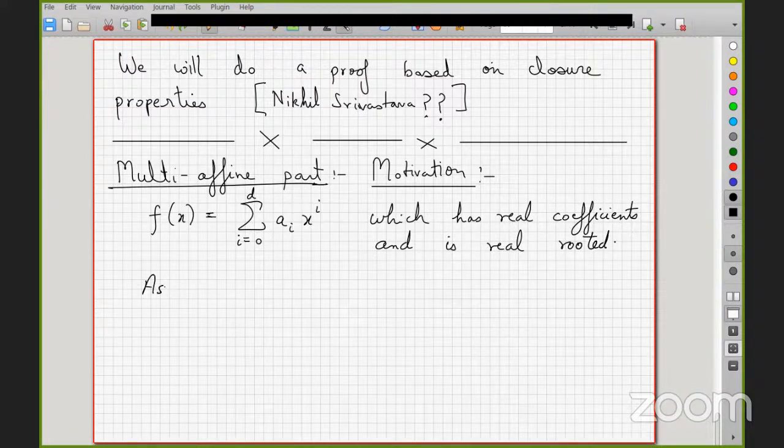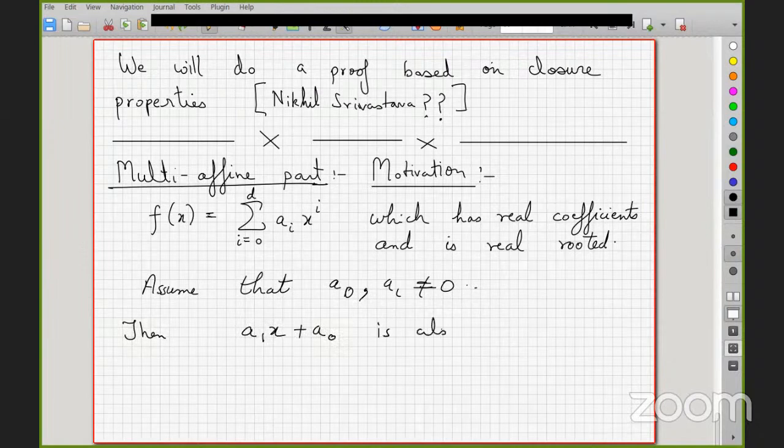And assume that a0, a1 are not zero. My claim is that there's some very trivial thing, that this polynomial a1x plus a0 is also real rooted. And this is sort of trivial, right? If I assume real coefficients, it is trivial. Isn't every linear polynomial rooted? Yeah, exactly. So let me drop this real coefficient thing. I just say that it is real rooted.